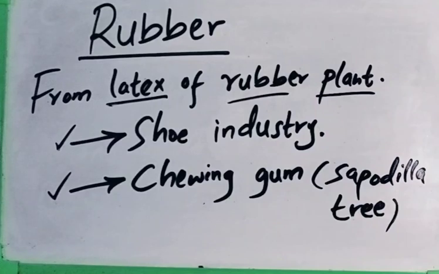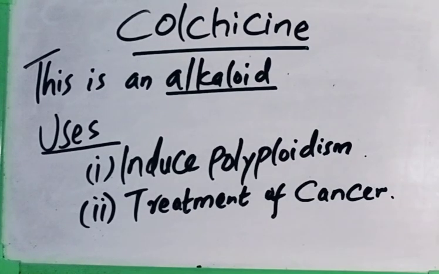Colchicine. This is an alkaloid and it has two uses majorly. It induces polyploidy, and of course it is also used in the treatment of cancer. Alkaloids mostly have nitrogen. Some of them are very strong.